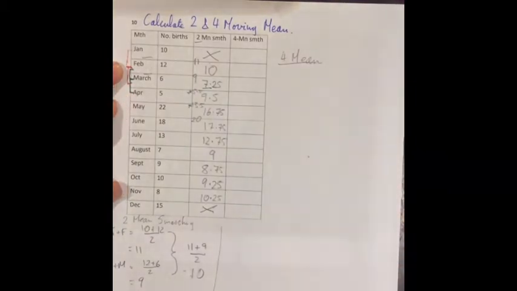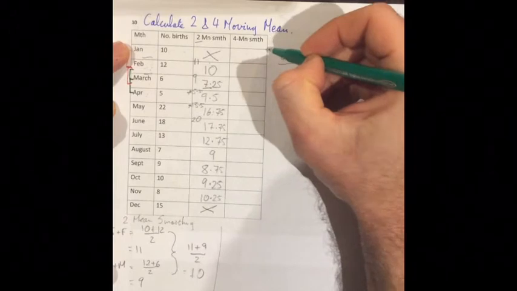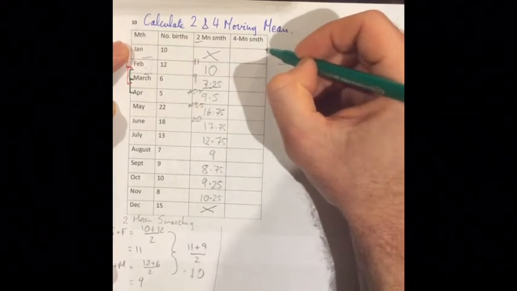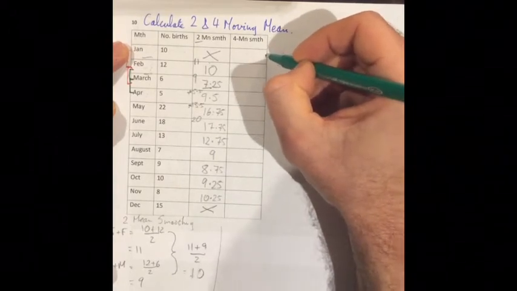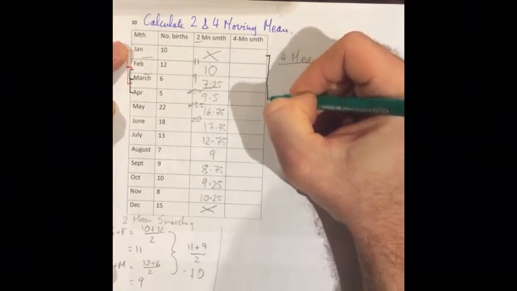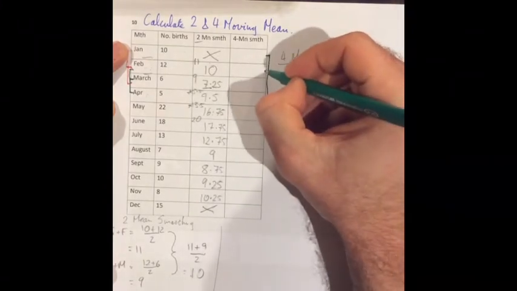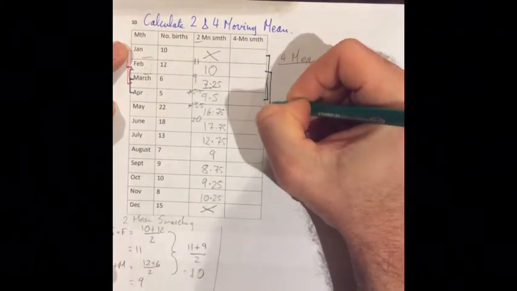So for our 4 mean, the first 4 values we're going to use are January to April, and then February to May.